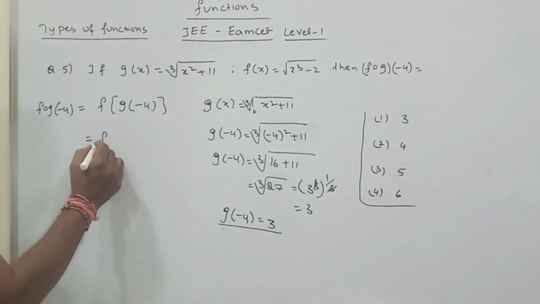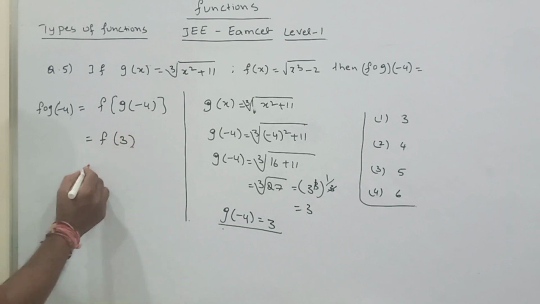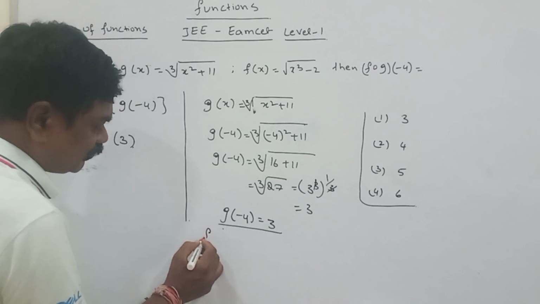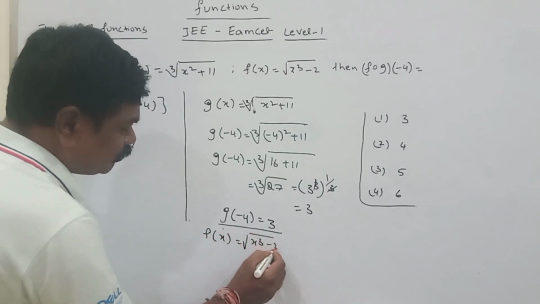Then we have f of 3. What is f of x? F of x is equal to root over x cube minus 2.